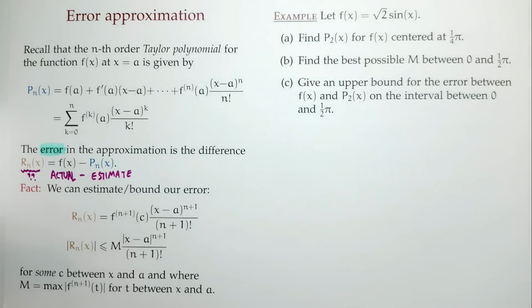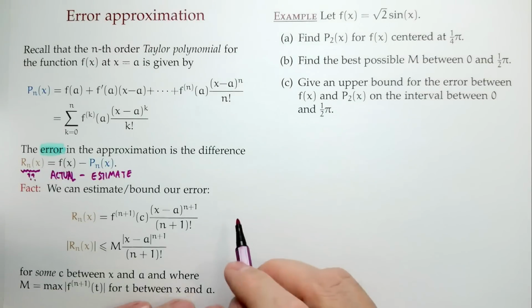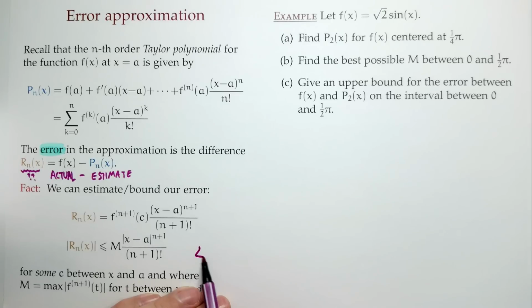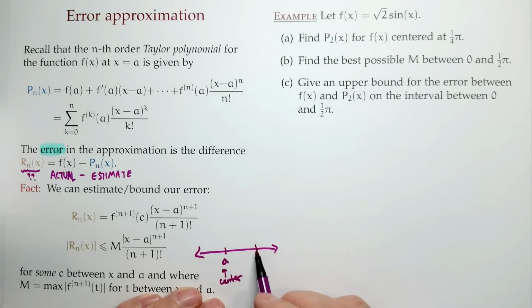Now here's the really cool fact. This is always the case. Suppose here's my number line, and let me see if I can fit my number line here. So this is a, the center, and I use my approximation to estimate the function at x.